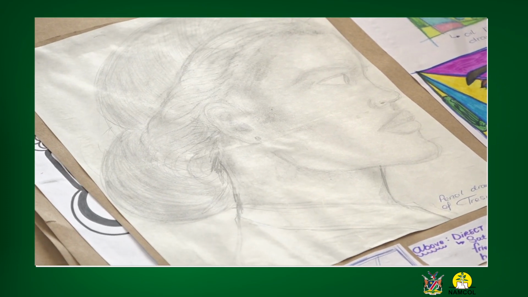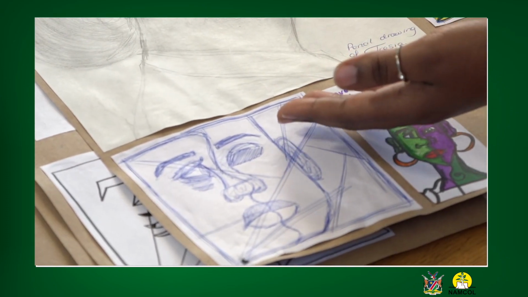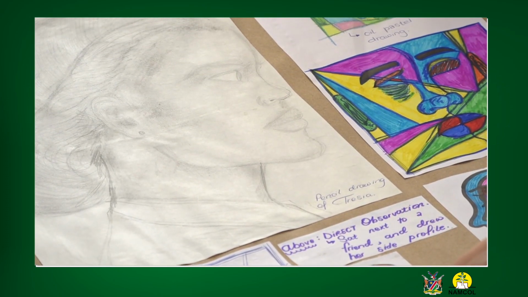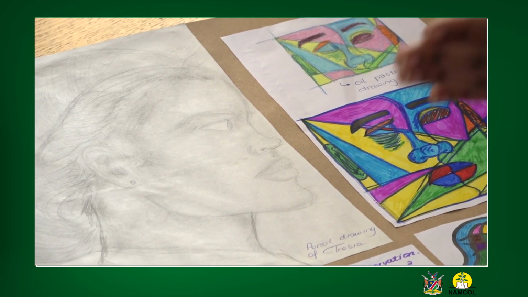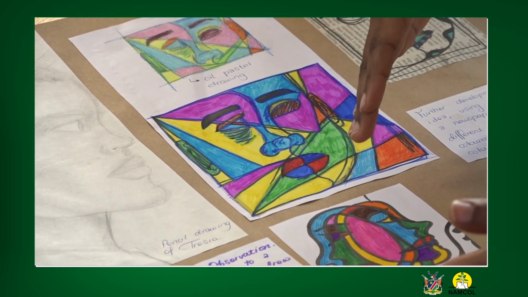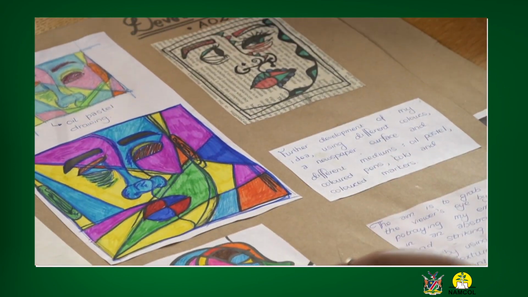So this is my developmental work. I started off, as always, with observational drawings. So this is an observational drawing of a classmate of mine. And I wanted to use her side profile specifically in order to develop the idea. Very nice.